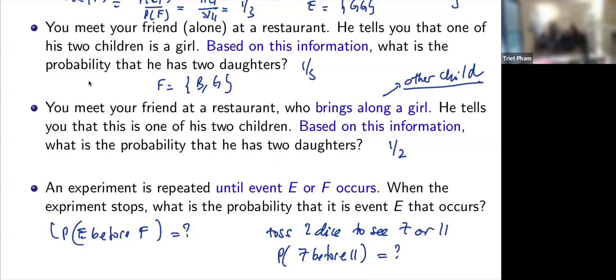Here's the thing: you want to keep doing it until E or F occurs, or 7 or 11. The language there implicitly says that you are conditioning on E union F. That will be your sample space. Why? Because you keep doing it until E or F occurs, correct? So you are conditioning on E union F. That's the key to cut through the infinite sample space thinking.